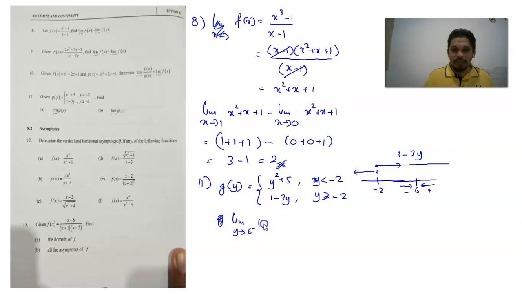Substitute y equal to 6: 3 times 6 equal to 18, so 1 minus 18, negative 17.